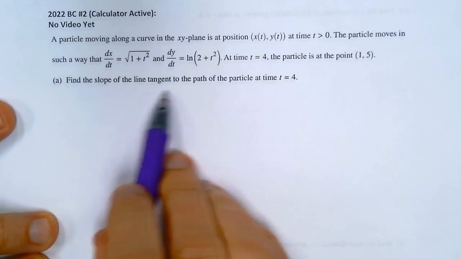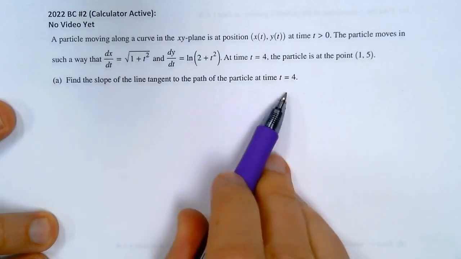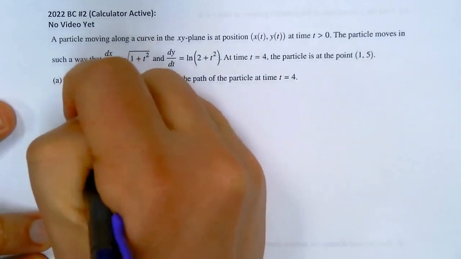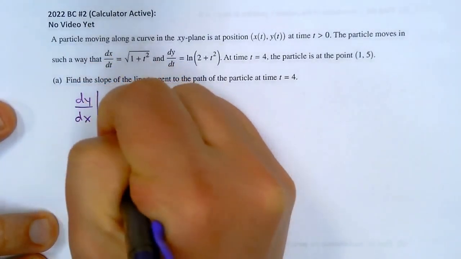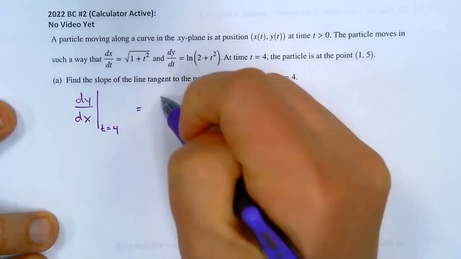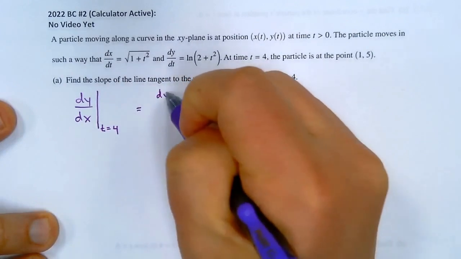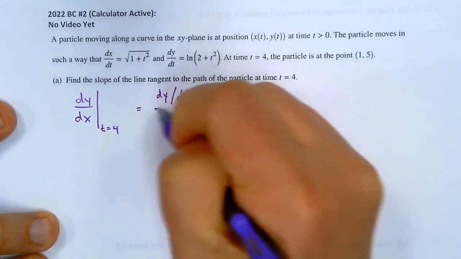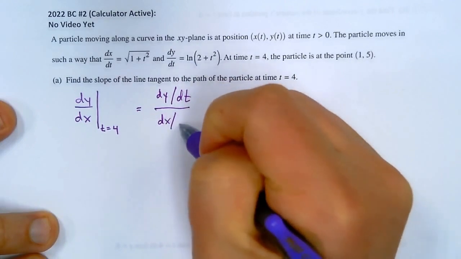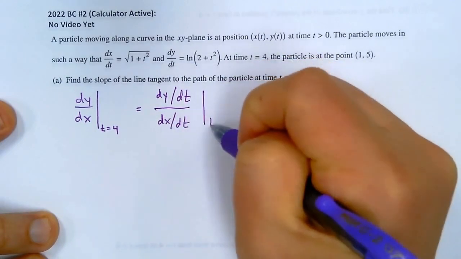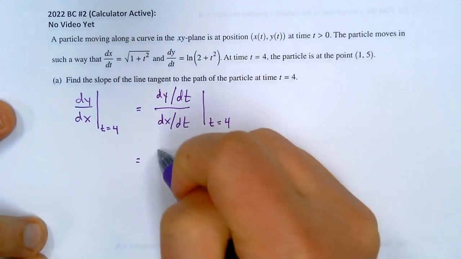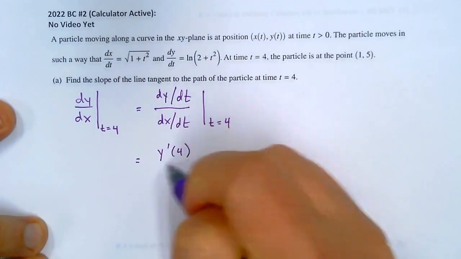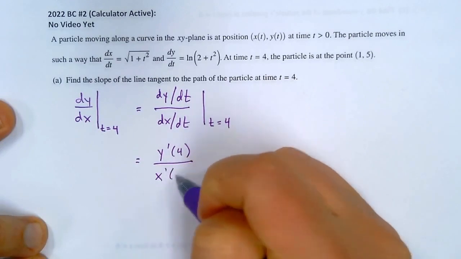In part A, we're asked to find the slope of the line tangent to the path of the particle at time 4. So they are asking for what is the slope at time 4. In parametric, this would be calculated as dy/dt over dx/dt at time 4, or you could write y prime of 4 over x prime of 4.